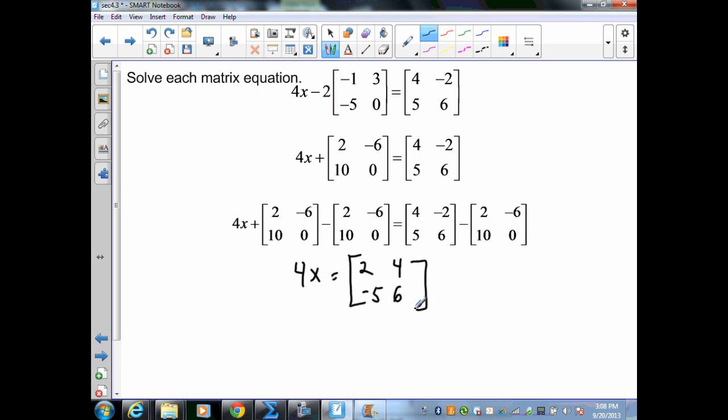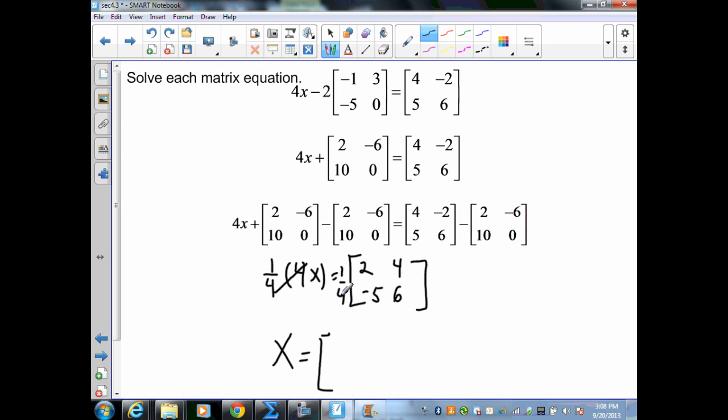Now, I need to simplify this by multiplying both sides by 1/4. And the 4's will cancel, and that gives me x, which is what I'm trying to solve for. Now, what I have is scalar multiplication on the right side.